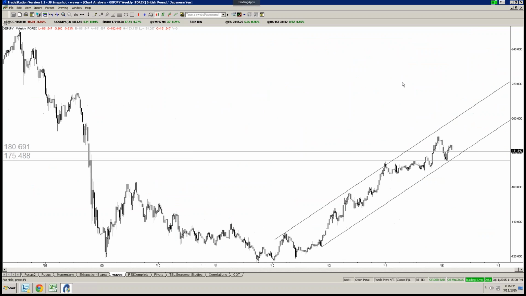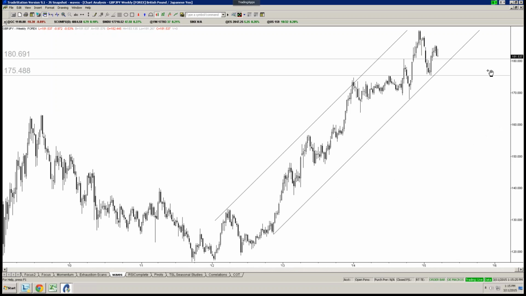So here's a weekly chart, pound yen. A few things. All right, so you can see the channel that goes off the 2012 lows.